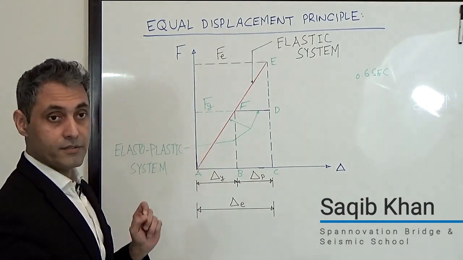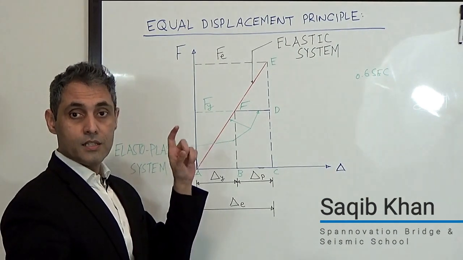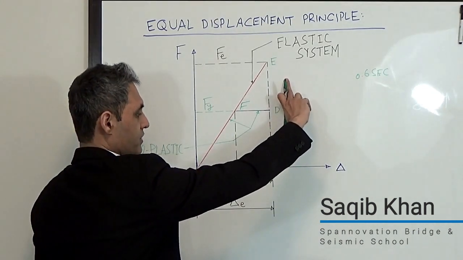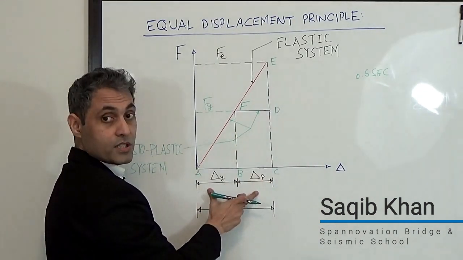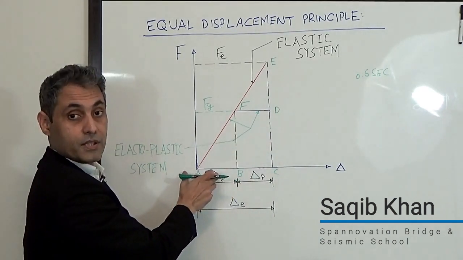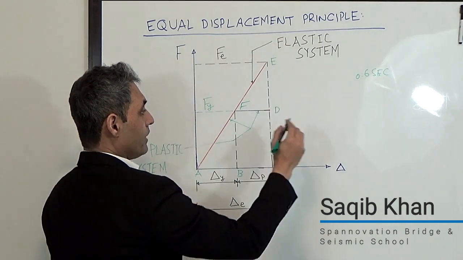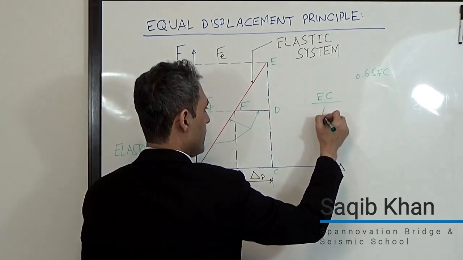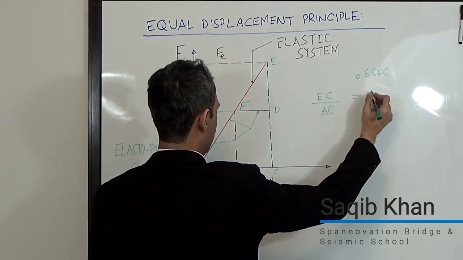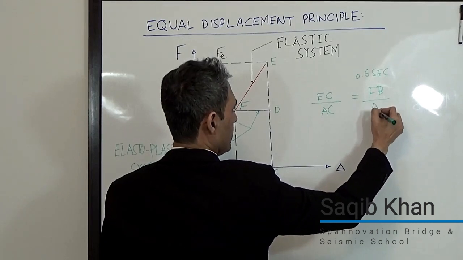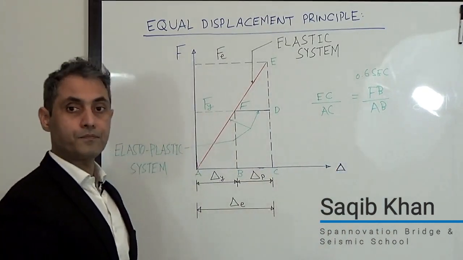So I can easily write the ratios of their sides to be equal. I can say that the perpendicular of this triangle divided by the base of this triangle is equal to the perpendicular of this triangle and the base of this triangle. So I can write EC divided by AC equal to FB divided by AB.